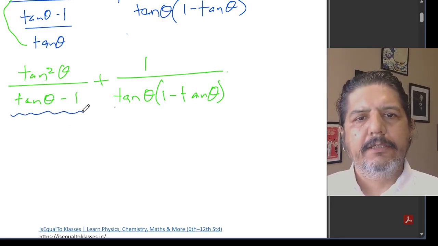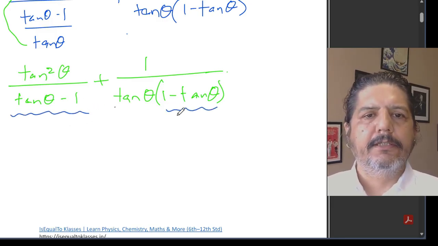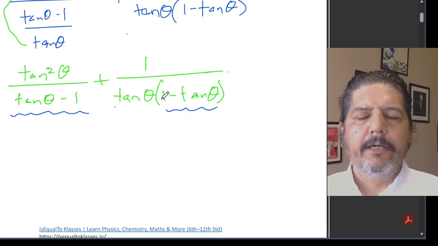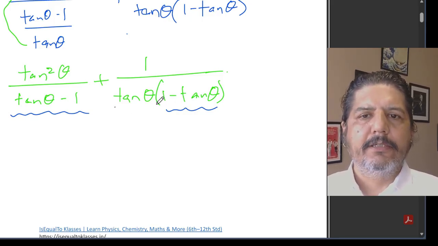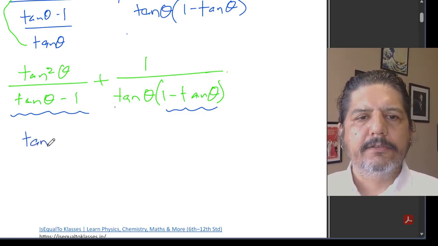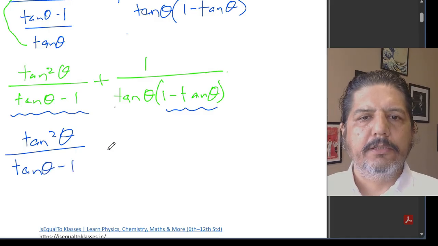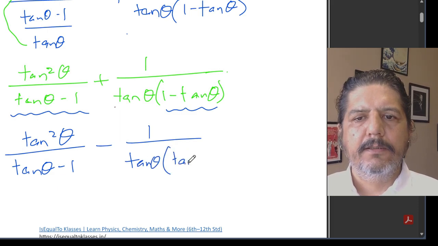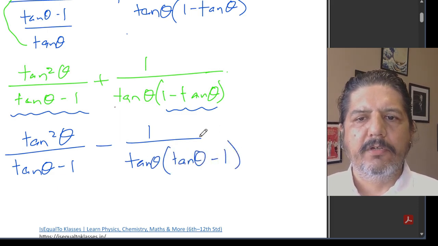So now we have tan theta minus 1 here and 1 minus tan theta here. So what I'll try to manipulate is, I'll try to make this as tan theta minus 1. How can I do that? By taking minus out. So I'll write this as tan²θ upon tan theta minus 1, I'll bring the minus out and I'll write this as tan theta minus 1.